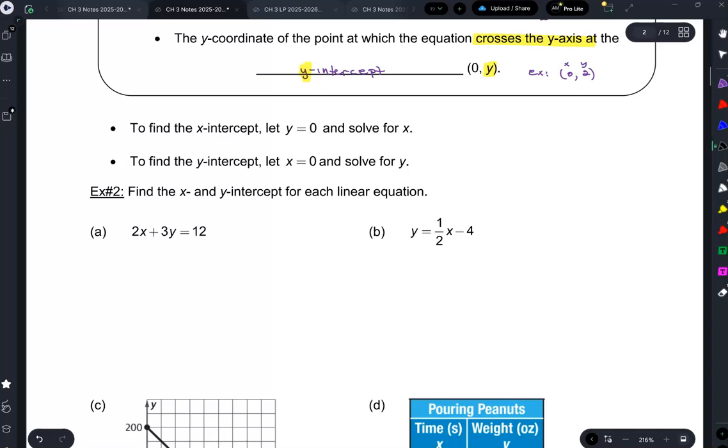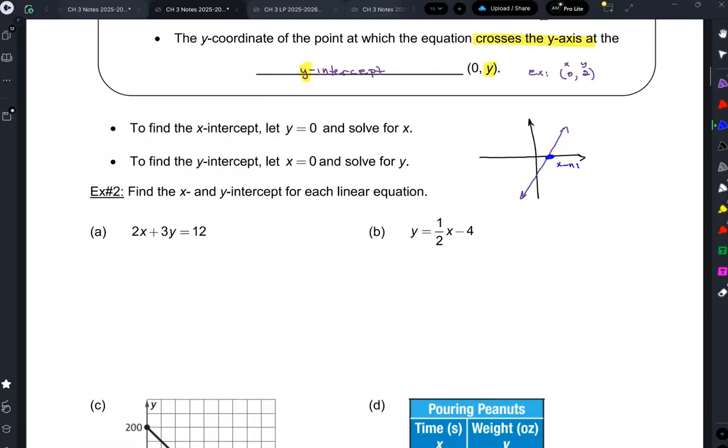So let's talk about what x-intercept and y-intercept actually are. If you have a graph that looks like this, here, this is the x-intercept because it crosses the x-axis there. At the x-intercept, look at this. What's the y-coordinate?